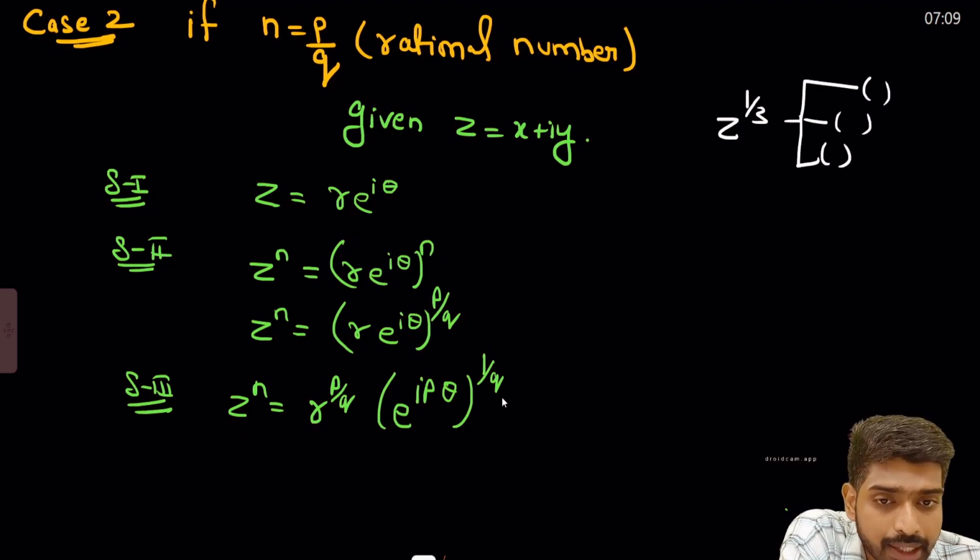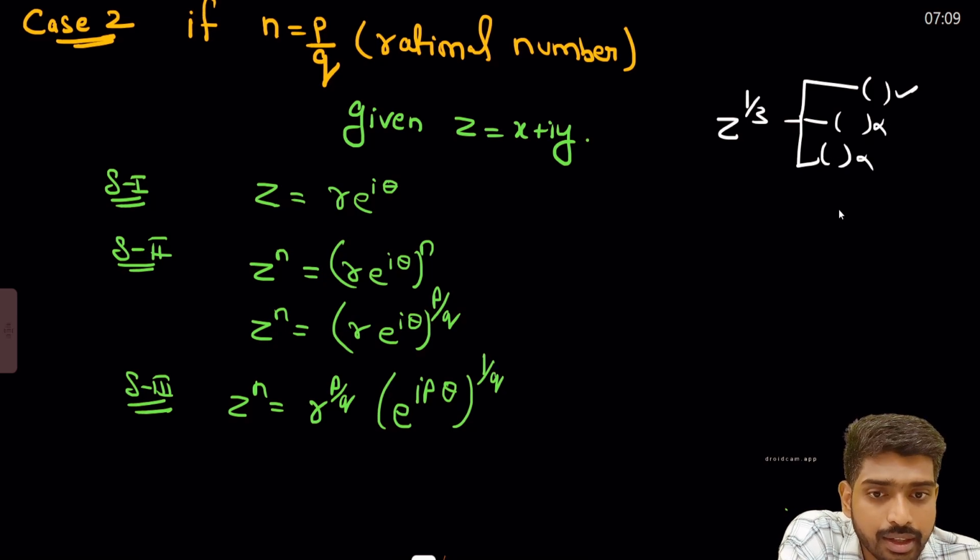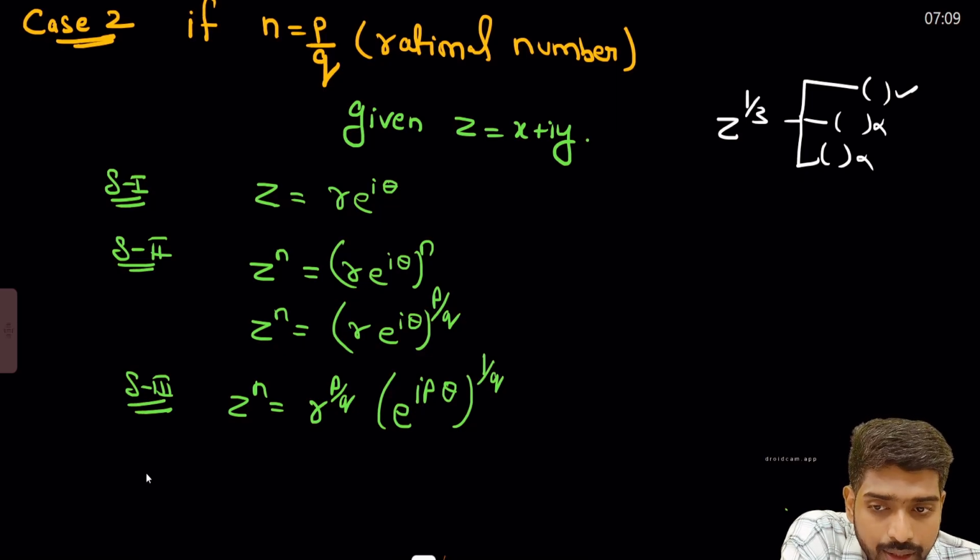But directly when I'm multiplying this 1 by q inside, I'll get only one solution, and the remaining two solutions will be lost, right? So in step 4, this step is important. Till here it is easy. This p by q completely I'll put upon this r, and this e to the power iota theta I'll multiply only with this p, and this 1 by q I'll keep outside, right?